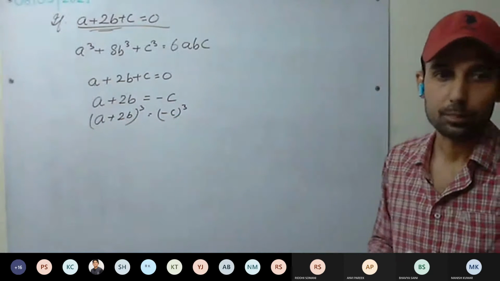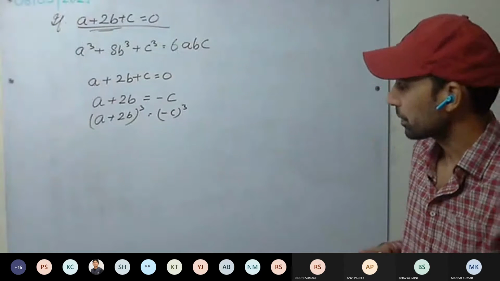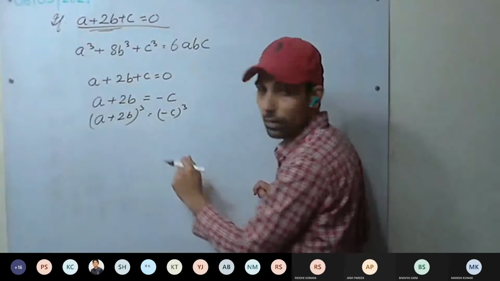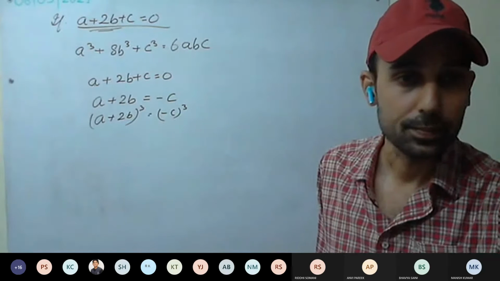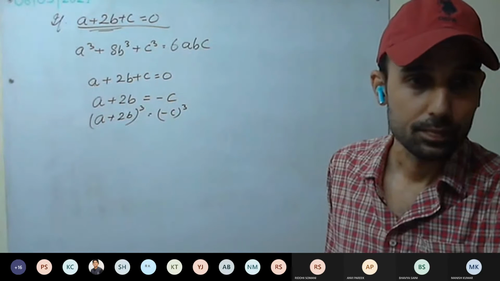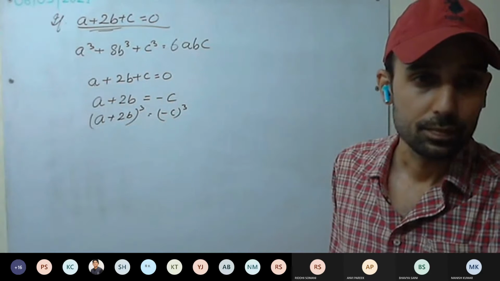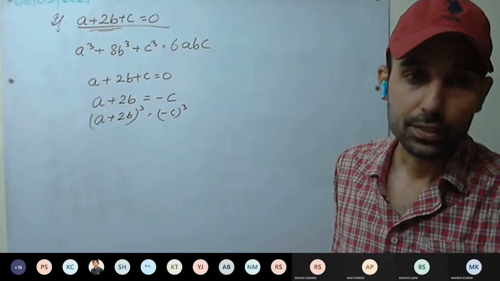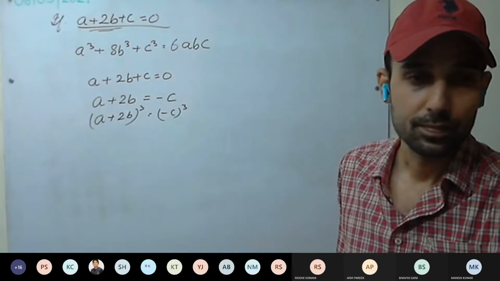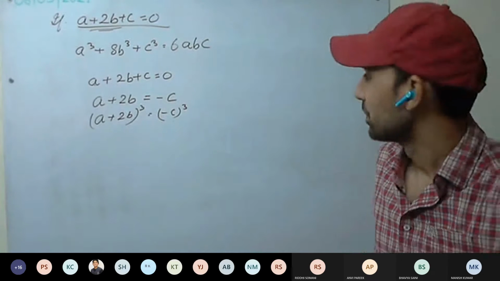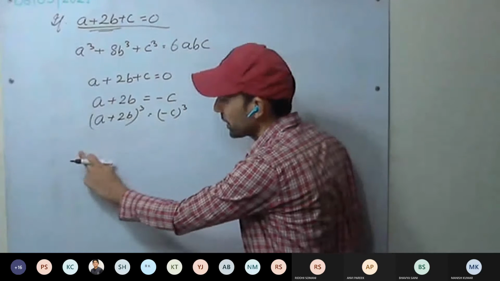Do it, everyone. So how much are you getting? Do the left hand side cubing.